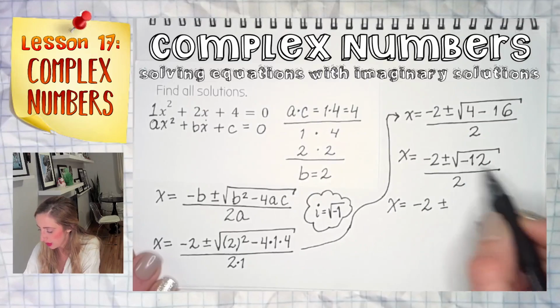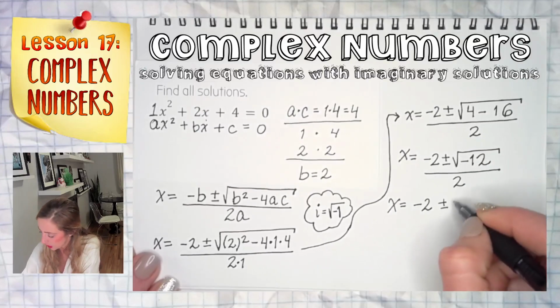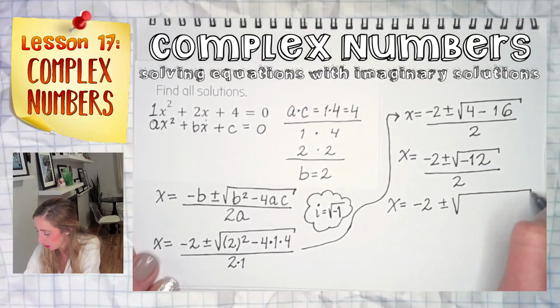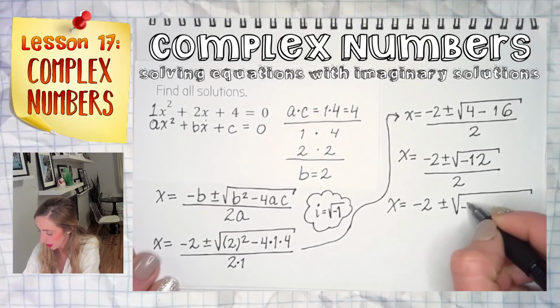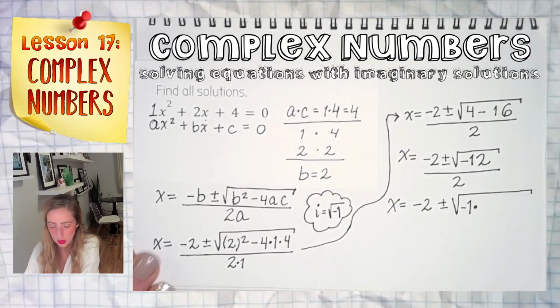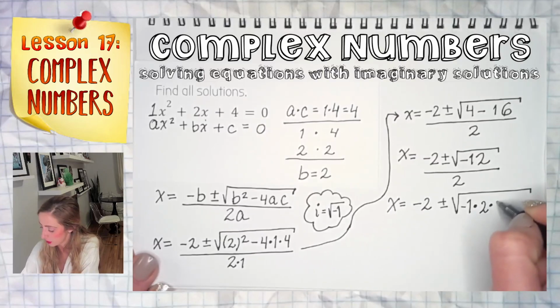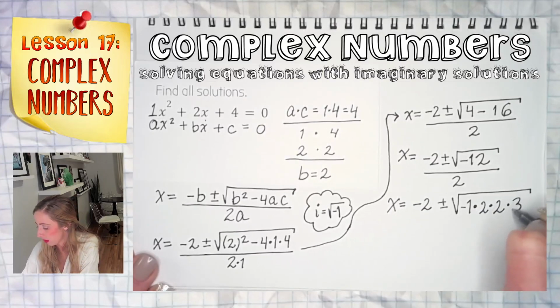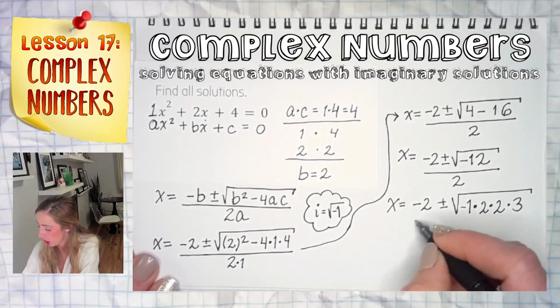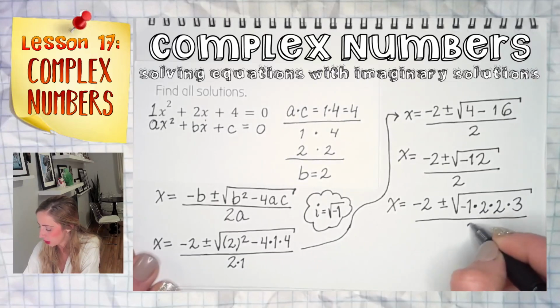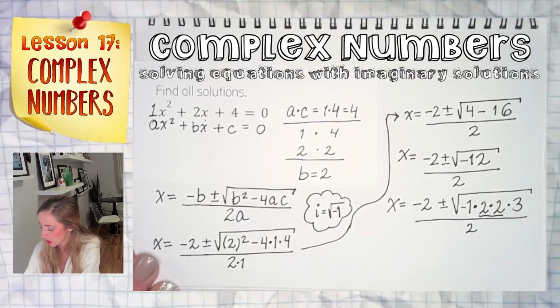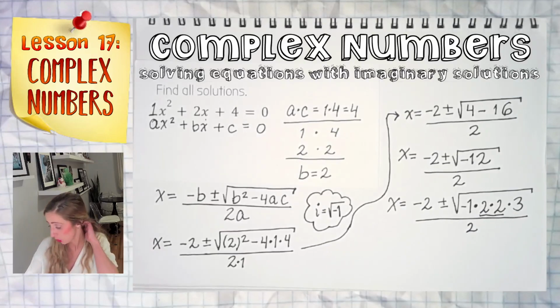So I have a negative 1 in there. But what really is 12? Well, let's go full blown in this and really break down this example. There's a negative 1 for sure. Now 12. 12 is even, so let's start with 2. 2 times what? 6. 6 is also even. 2 times what? 3. Amazing. Best thing I ever saw in my life. Takes a pair to make a square. 2 by 2, or 2 times 2, makes a square.